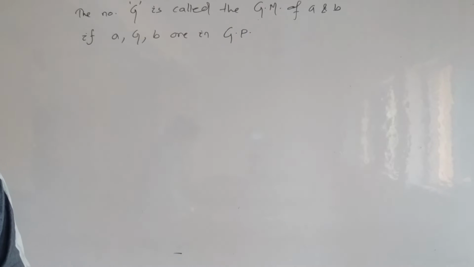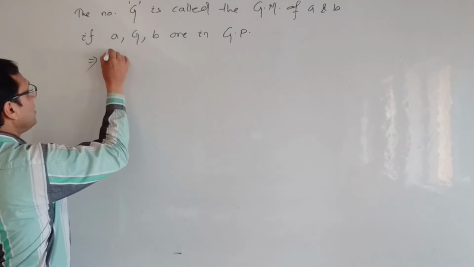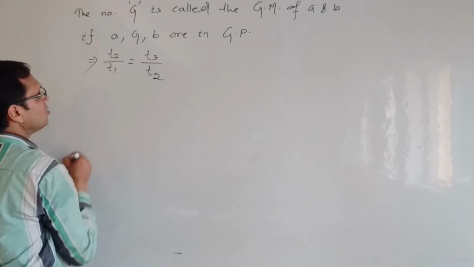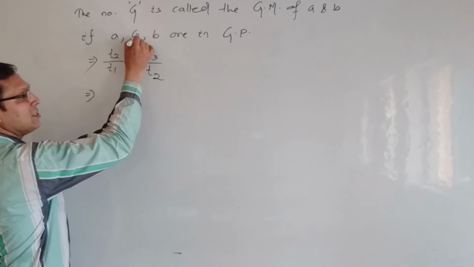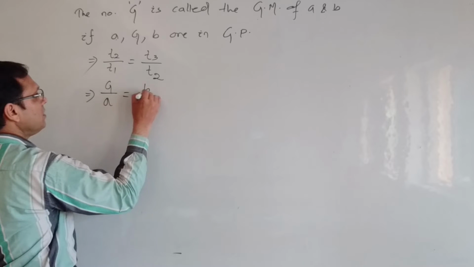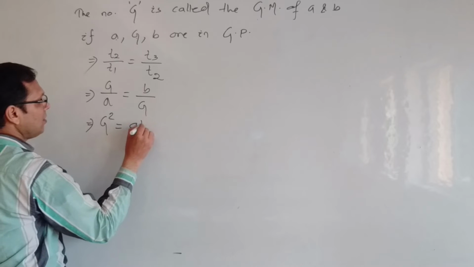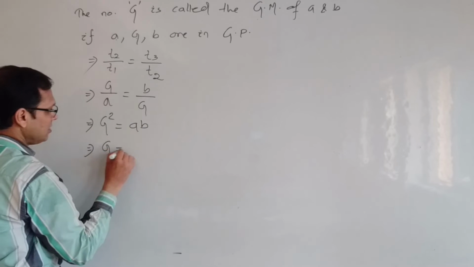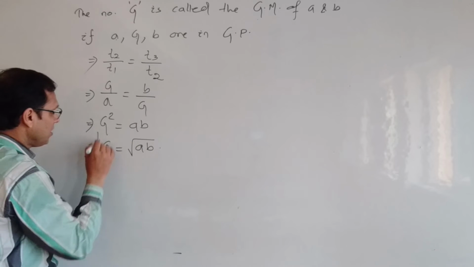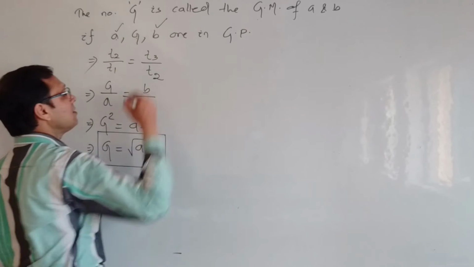All of you know that T2 by T1 is equal to T3 by T2. Here T1 is a, T2 is g, T3 is b. That is g by a is equal to b by g, or in other words g square is equal to ab. Therefore geometric mean g is equal to root over ab. In this way you can find the single geometric mean in between the two numbers a and b.